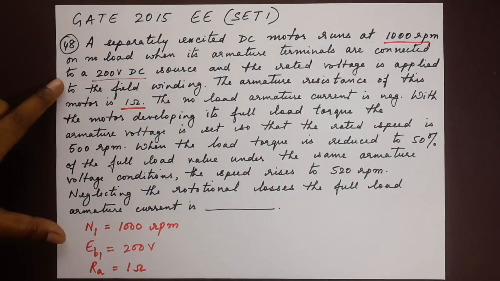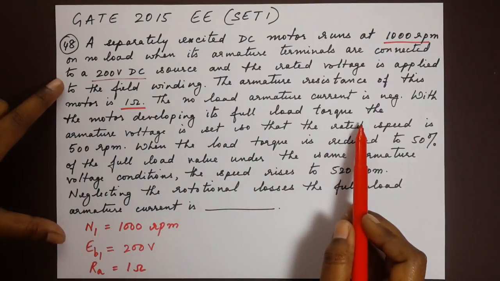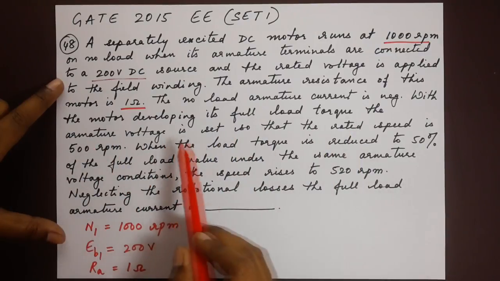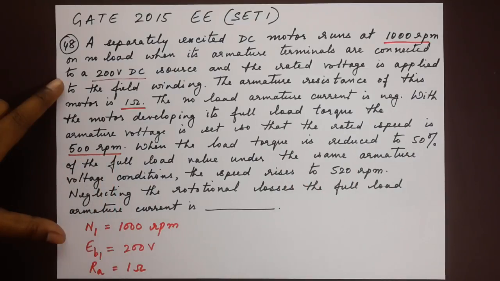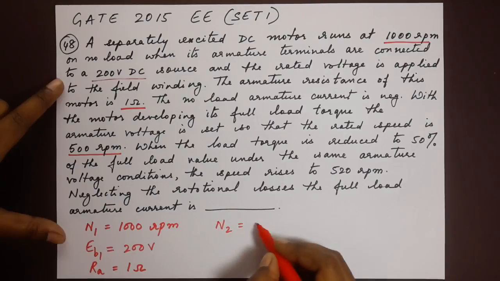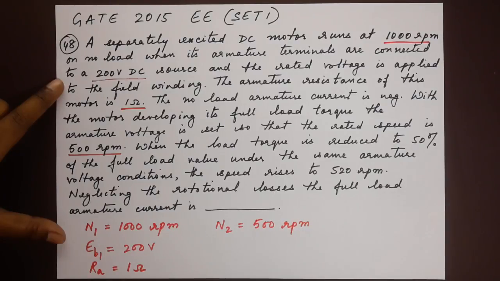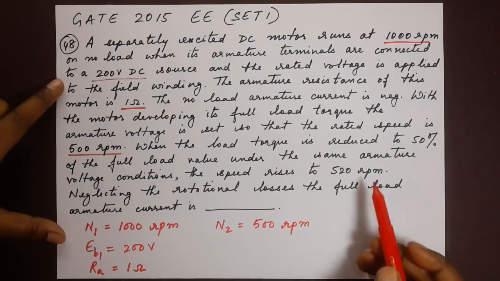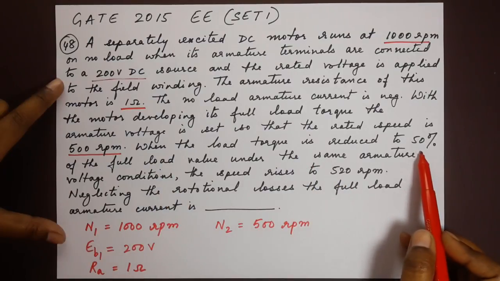Now the question says that with the motor developing its full load torque, the armature voltage is set so that the rated speed is now 500 rpm. Let's call that N2. This is the second case, so we have N2 at 500 rpm. And the next case says that the torque is reduced to 50%.